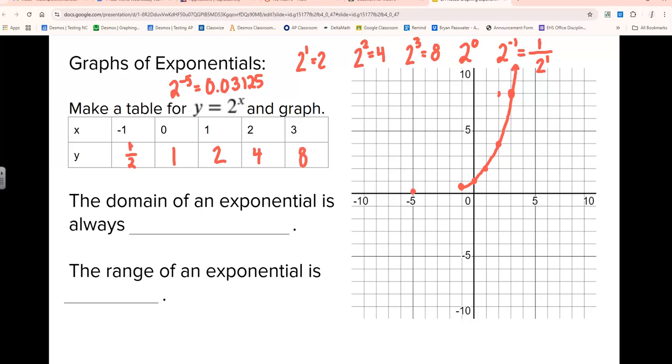Do 2 to the -10 for me. So that still is not 0, right? It's going to look like it's touching the x-axis, but it's not really. It's a teensy bit above, right?